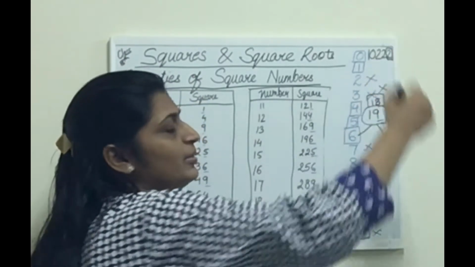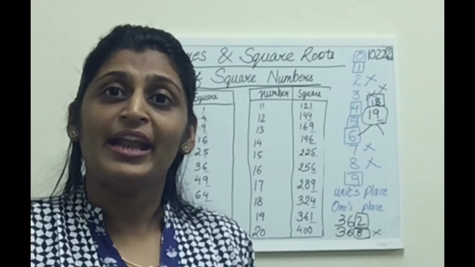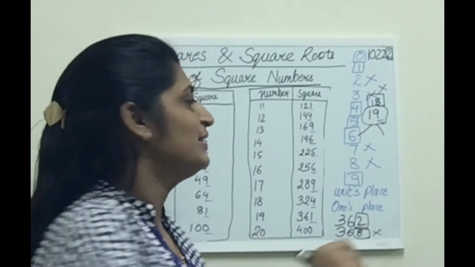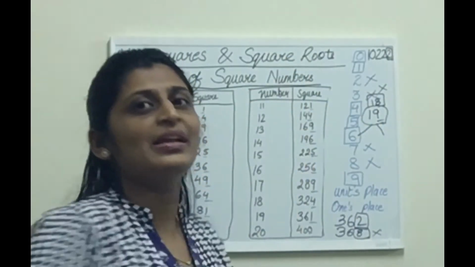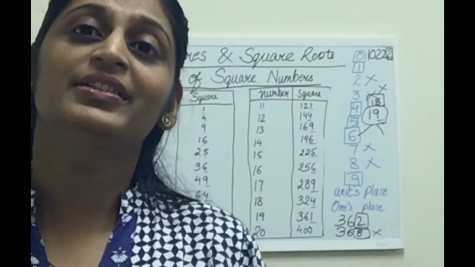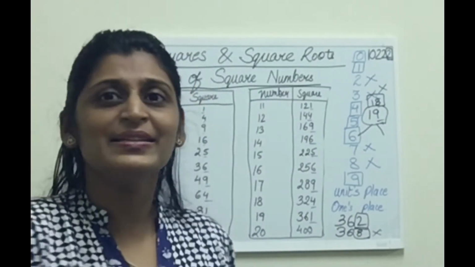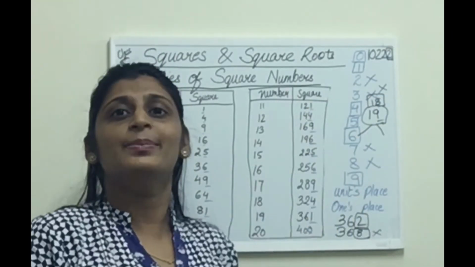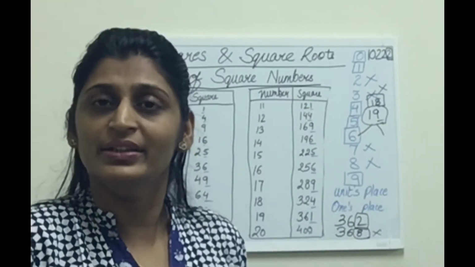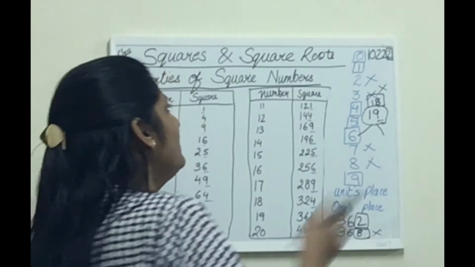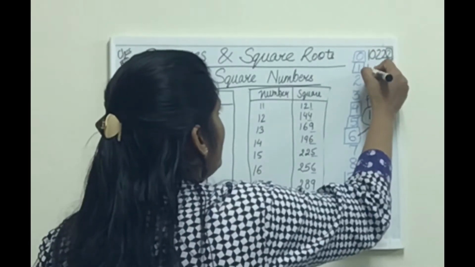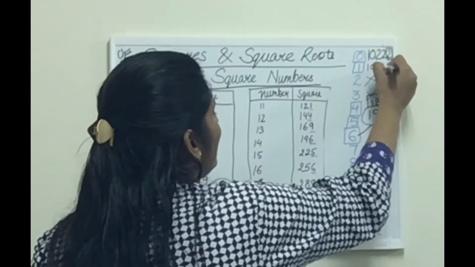No, this is not a perfect square. And if he asks you why, you reply, 2 cannot be at the ones place of a square number. This is the property of square numbers we have learned.